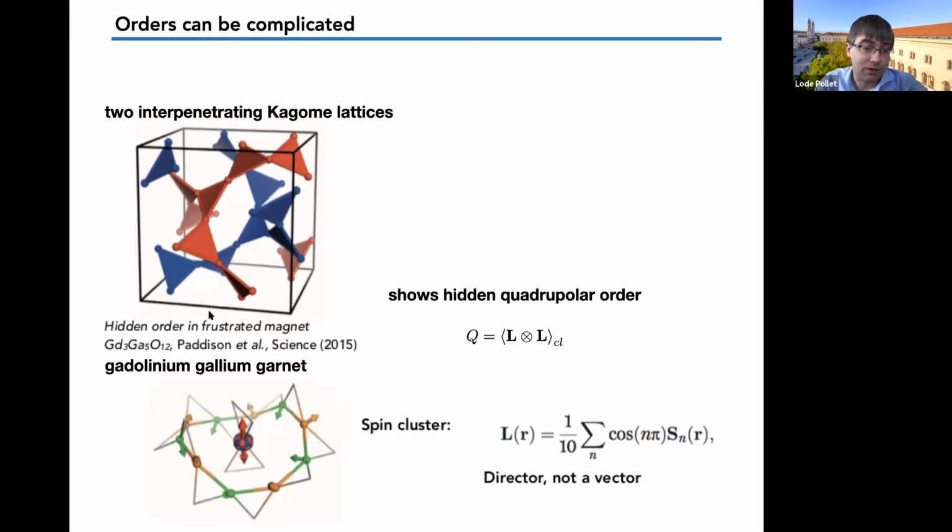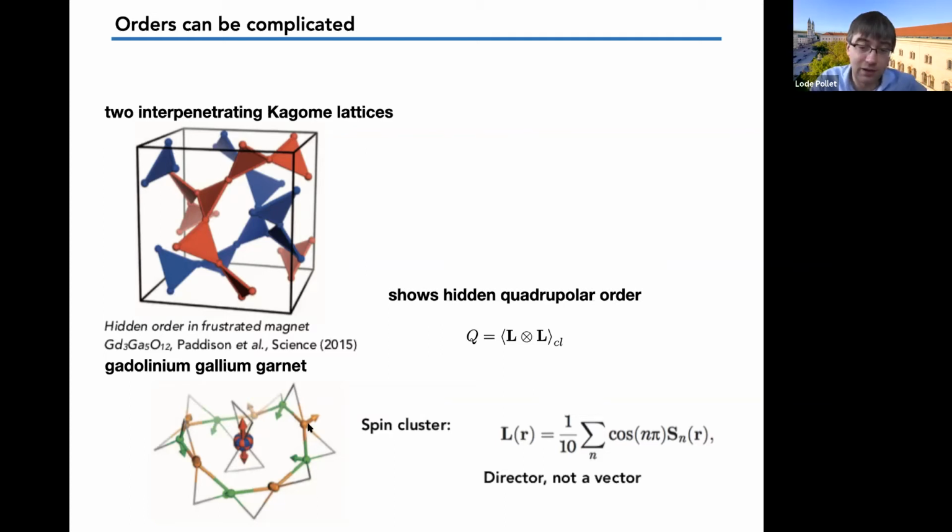You have here a material, gadolinium gallium garnet, and its lattice structure essentially consists of two interpenetrating Kagome lattices. It turns out that you have some kind of hidden quadrupolar order. There is a loop that you have to imagine here that is a bit curved. If you look at the 10 spins drawn here in orange and green, it turns out that they form quadrupolar order.